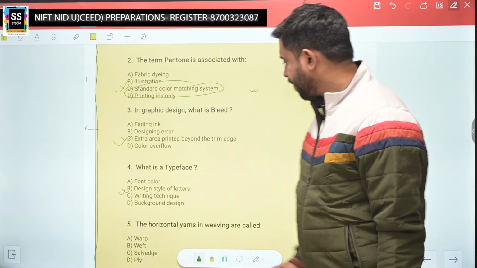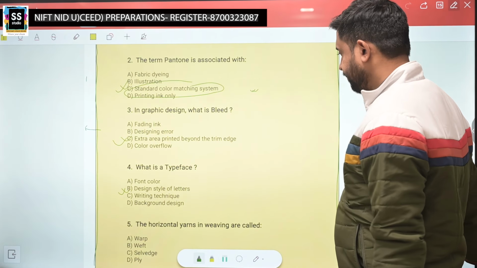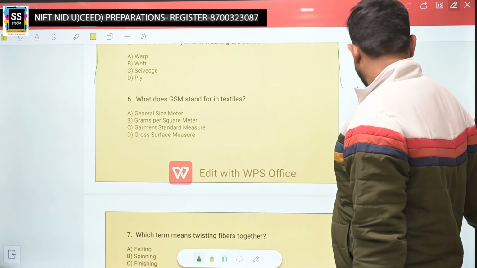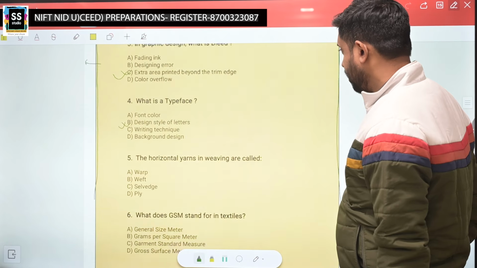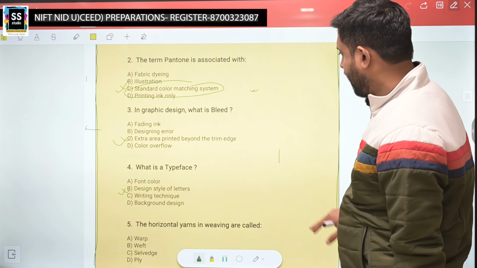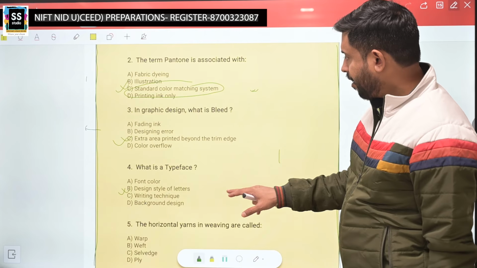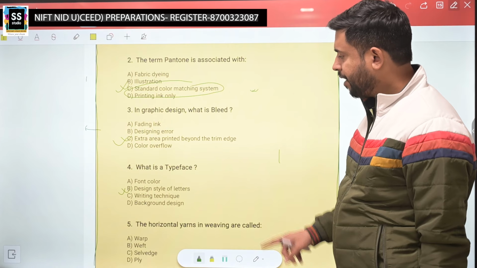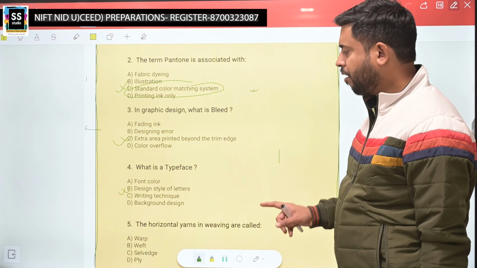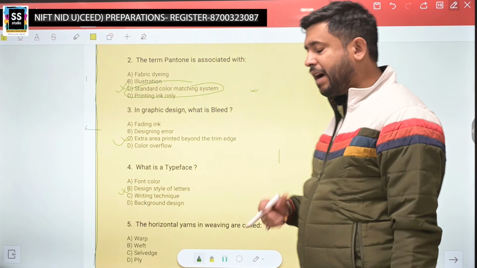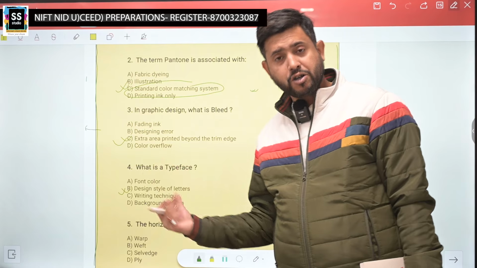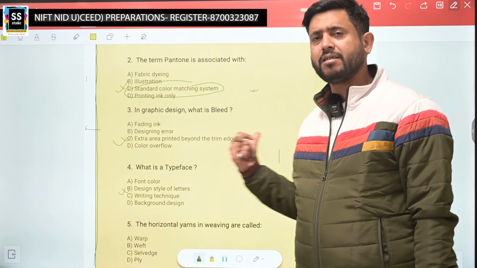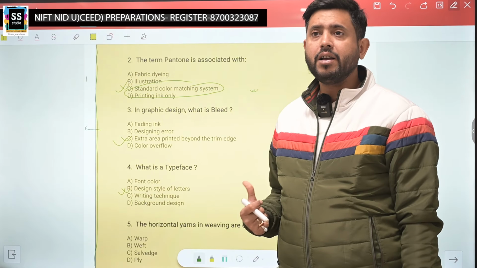All right, moving forward, the next question says, the horizontal yarns in weaving are called warp, weft, selvage, or ply. This question was already asked, I guess, last year in the NIFT exam.